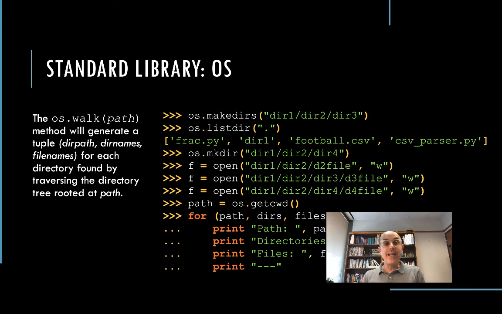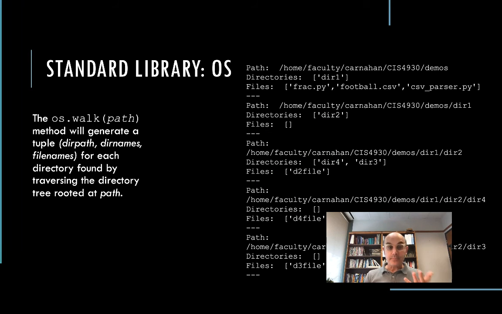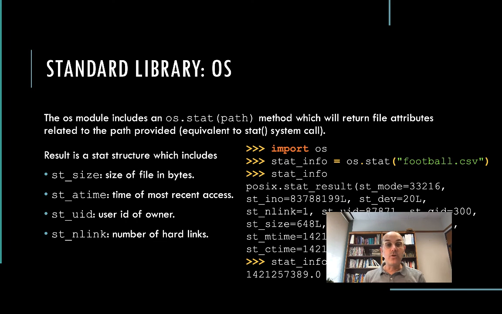And again, os.walk is a path method to generate directory paths or directory names or files for each directory found in the directory tree rooted at the path. And again, an example of how to apply it.